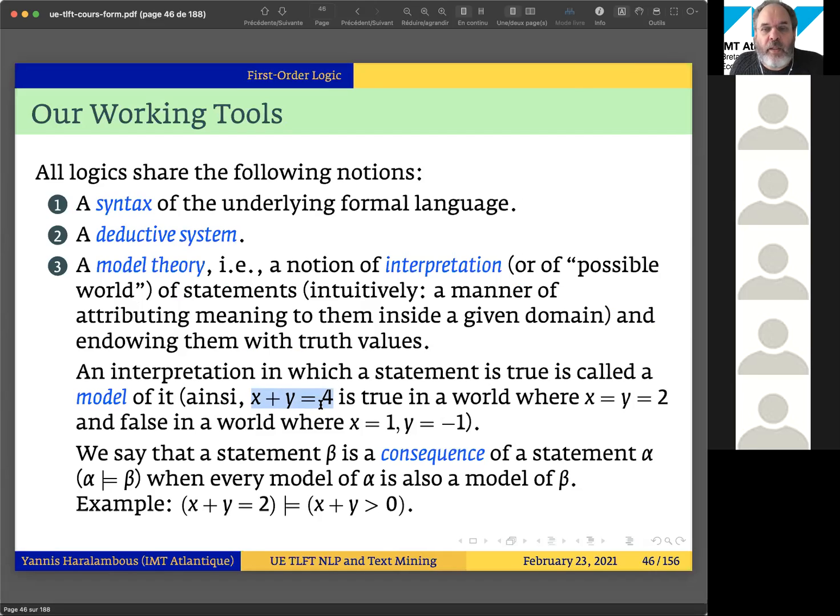I have to interpret it. If I interpret it in a situation where X and Y are equal to 2, then it's true. If I interpret it in a situation where X and Y are 1 and minus 1, the formula is false. So you see that this formula can be true or false depending on the interpretation.